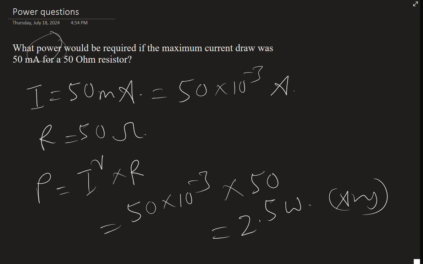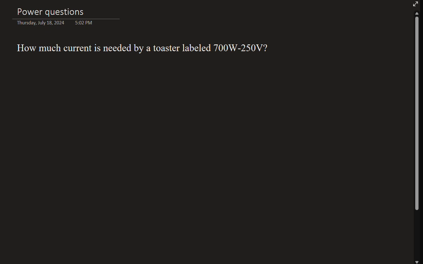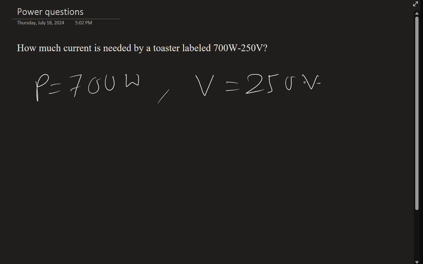Let's go to the second question in power. How much current is needed by a toaster labeled 700 watts and 250 volts? So we have power as 700 watt, and voltage V is equal to 250 volts. We need current.